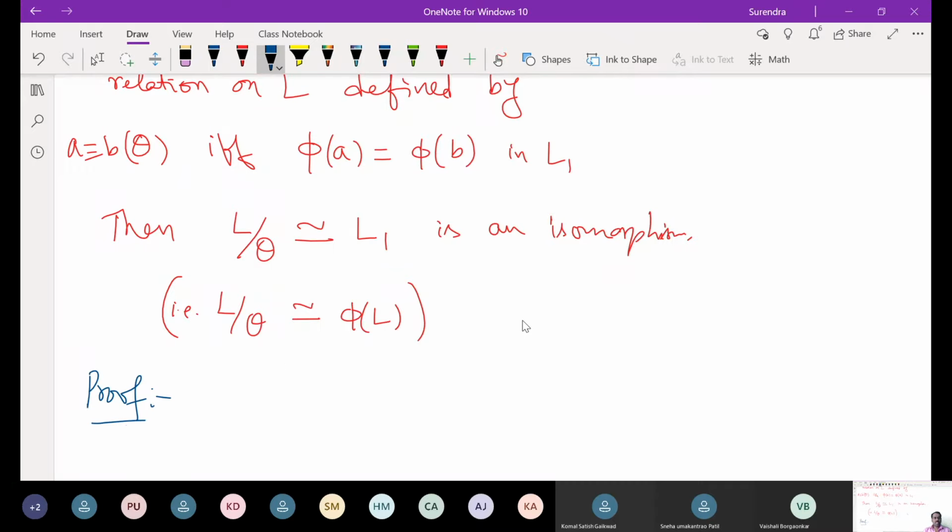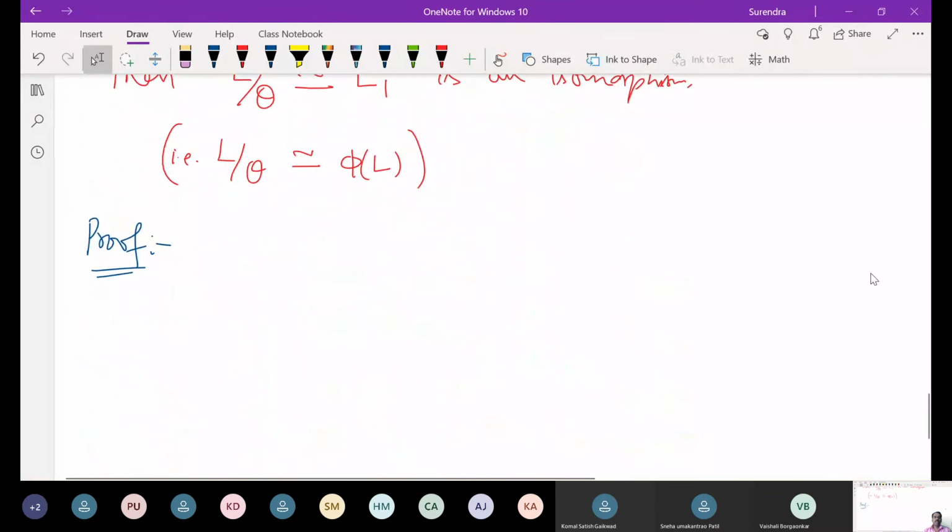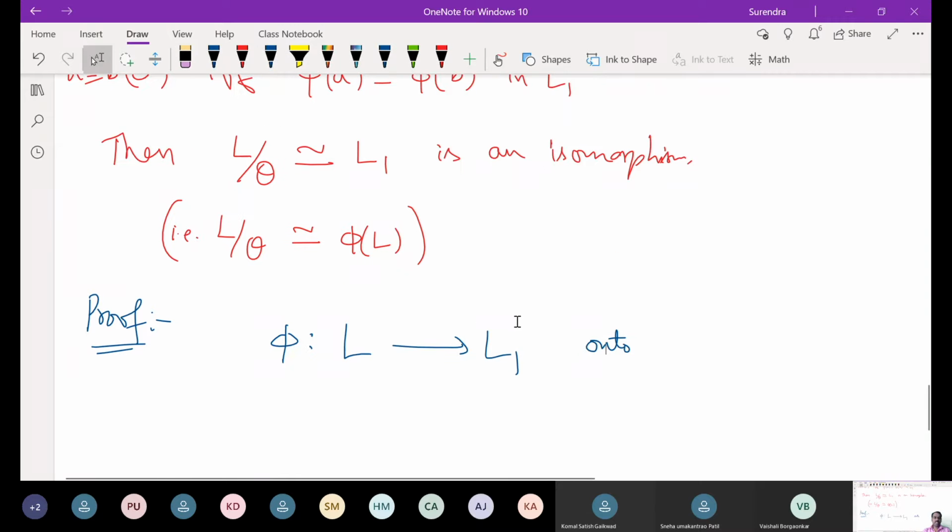To prove this result, we will analyze what maps we know. The map phi is given to us. Phi is a map from L to L1, which is onto. That means for every element here, we have a pre-image here.